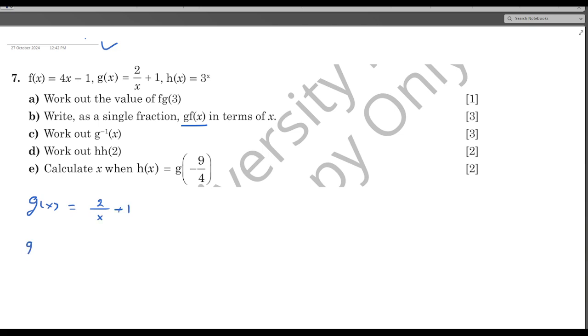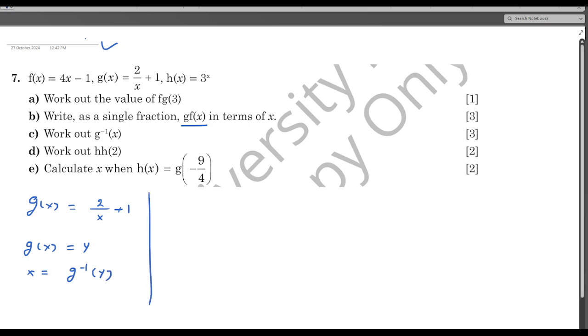Okay, if I consider g of x as y, then x is g inverse of y. Now I will say that y is equal to 2 divided by x plus 1, and now I will make x the subject. So we have y minus 1 is equal to 2 divided by x.